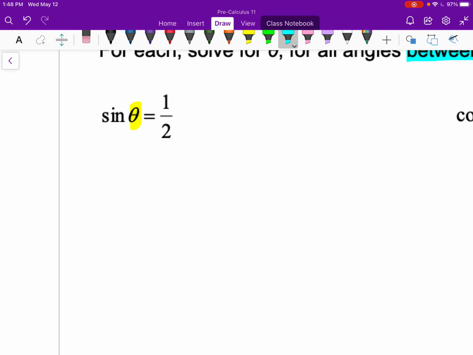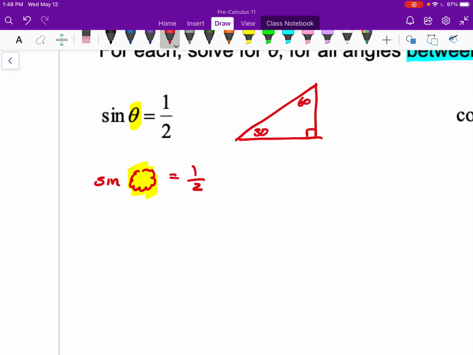So I need to figure out where does sine equal a half? Well, I will say from memory, or from our special triangles. Hopefully we can figure that out from memory, or again from special triangles. If you remember your 30, 60, 90 special triangle, 1, 2, root 3, I can just look at this and realize where sine equals a half.